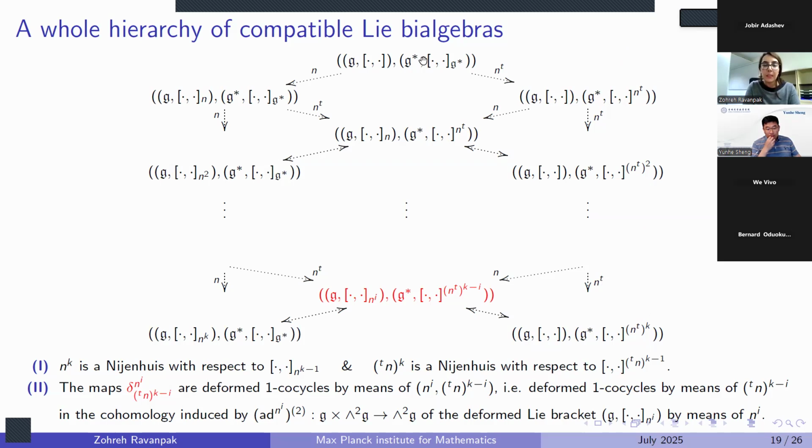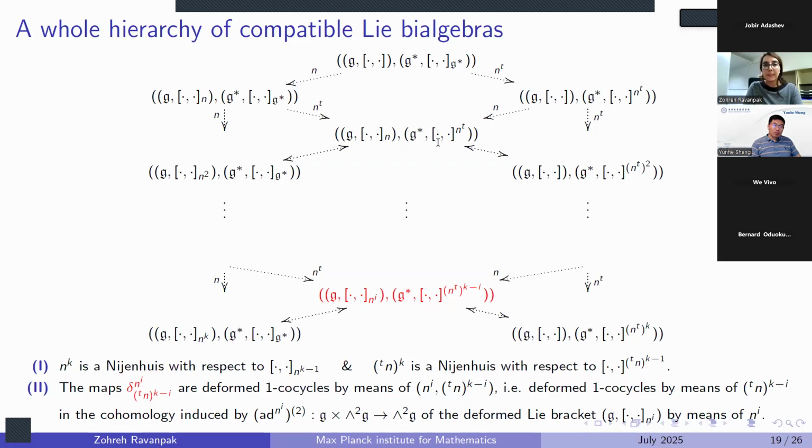The other thing is that the pairs in the middle must define Lie algebras. First of all, we prove that every three pairs in a row define a Lie algebra, provided the other one defines a Lie algebra.